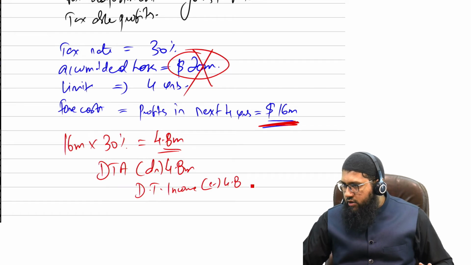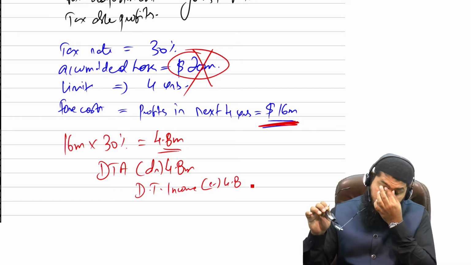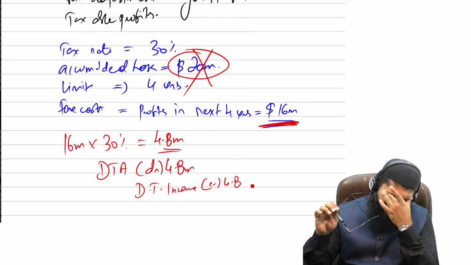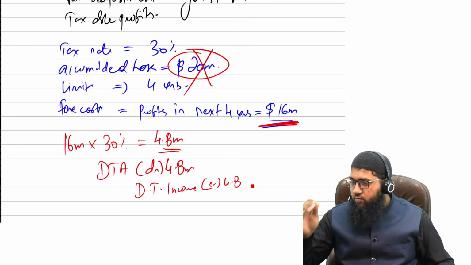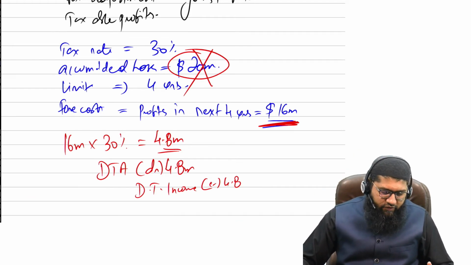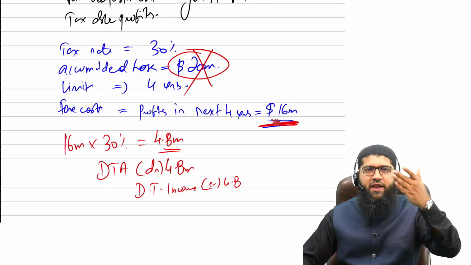What if forecast loss is less than accumulated loss? Anishta, are you trying to say forecast profits or forecast loss? That's how the case is. You had accumulated losses of 20 million and the forecast profits for the next 4 years are 16 million.